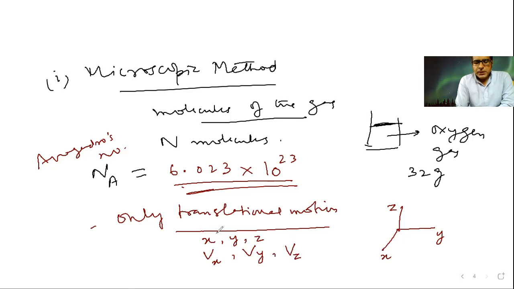That means each particle can move in 3 directions with the corresponding velocities. So each molecule will have 6 coordinates, 3 position and 3 velocity.